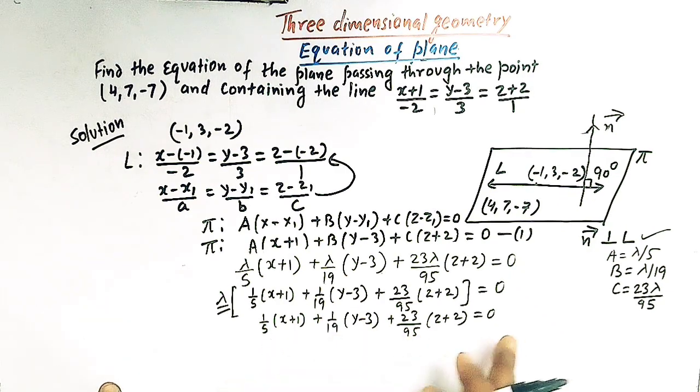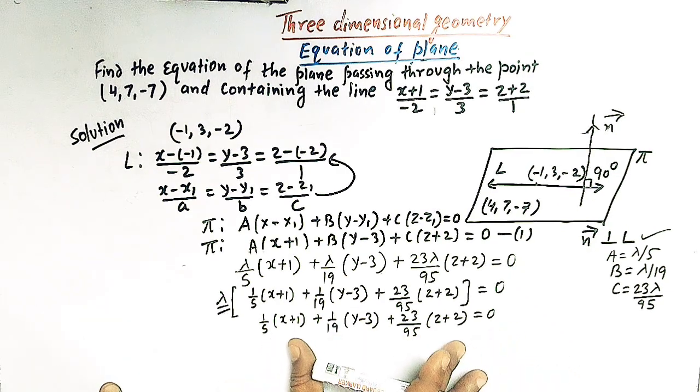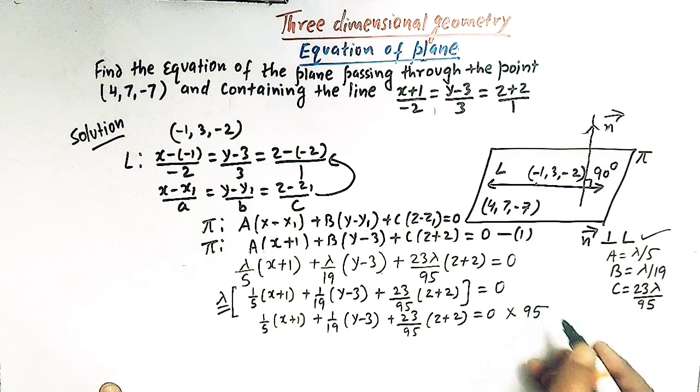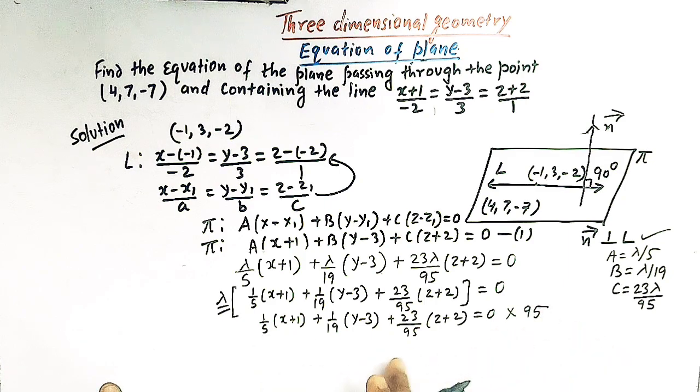So now let us multiply this equation throughout by 95, so that we can get rid of the denominators here. So now here we have 1 over 5 times 95. So 5 times 19 is 95.